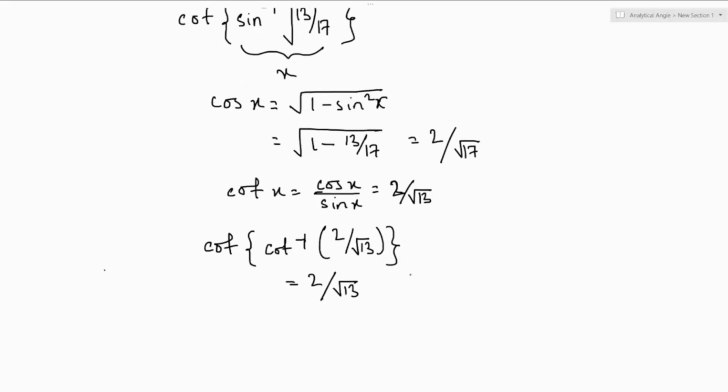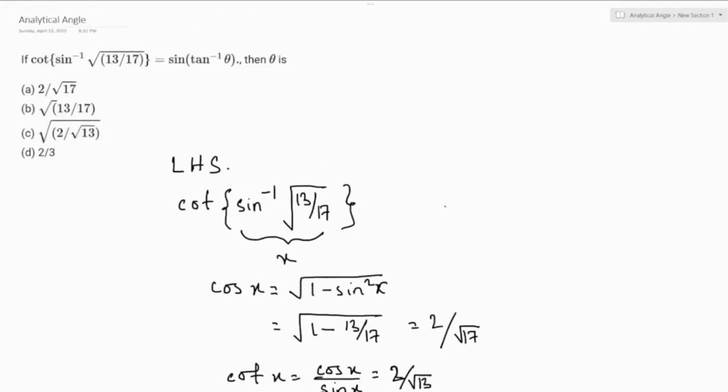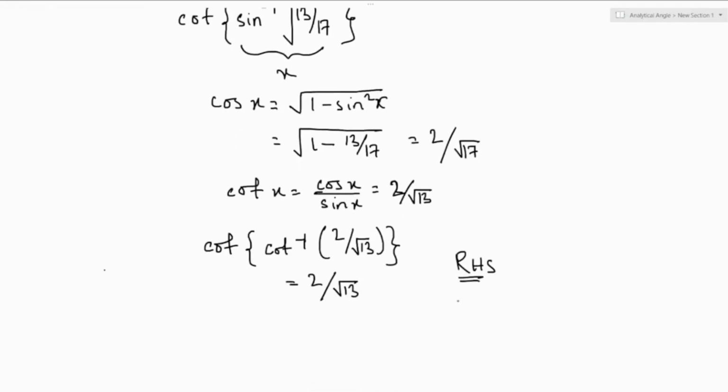Now moving on to the RHS. So how can we simplify the RHS? The RHS is given as sine of tan inverse theta, and we need to find the theta. So first let us take this tan inverse of theta as y.